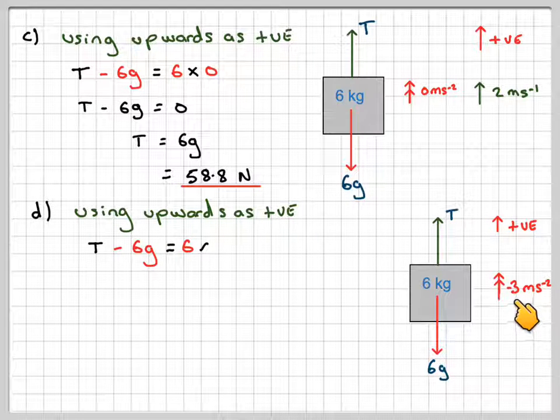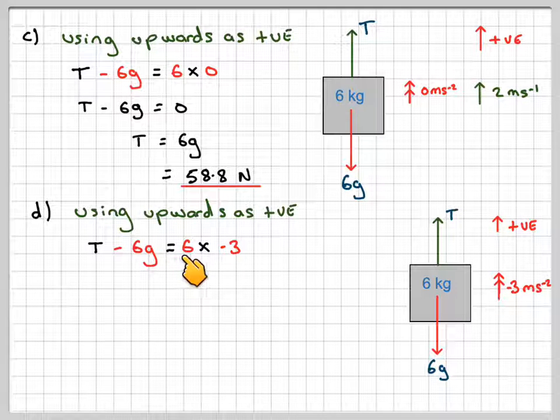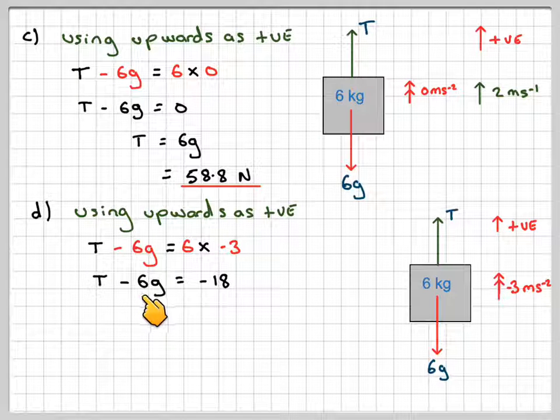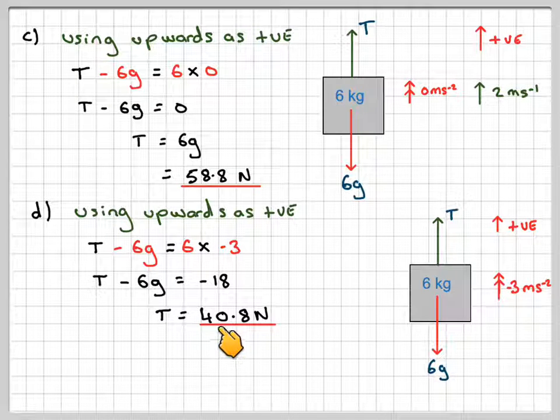Because we have a deceleration of 3 meters per second squared, the acceleration acting upwards is minus 3, because the acceleration is acting in the opposite direction, because it's decelerating. So T minus 6g is equal to 6 times minus 3, which is minus 18. Therefore the tension will be minus 18 plus 6g, which is 40.8 newtons.